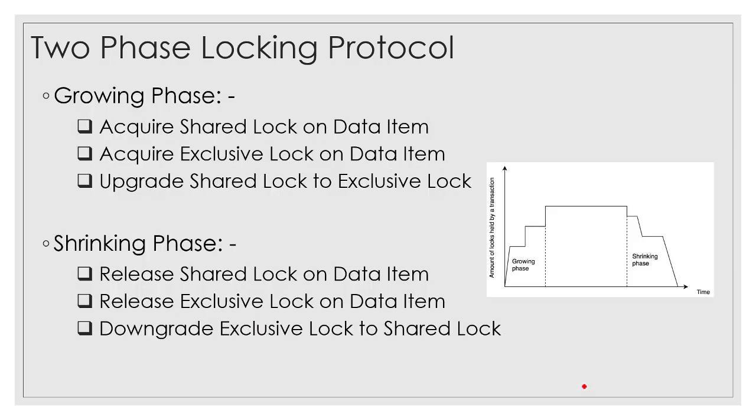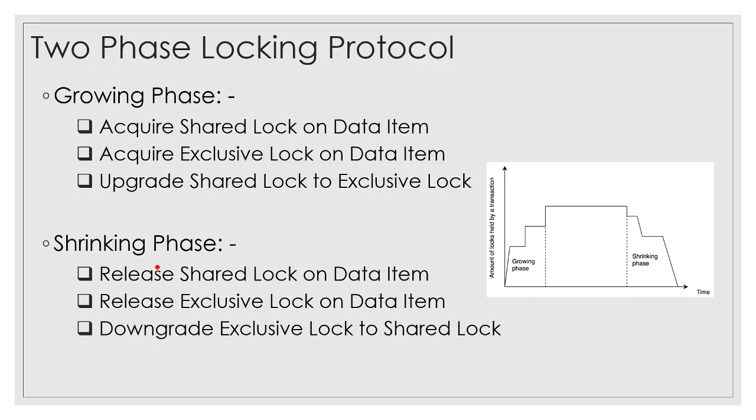So in the two-phase locking protocol, there are two phases. In the growing phase we acquire shared locks and exclusive locks, and we can upgrade a shared lock to an exclusive lock. We know that a shared lock is used when we want to read the data only, and an exclusive lock is used when we want to read or write the data.